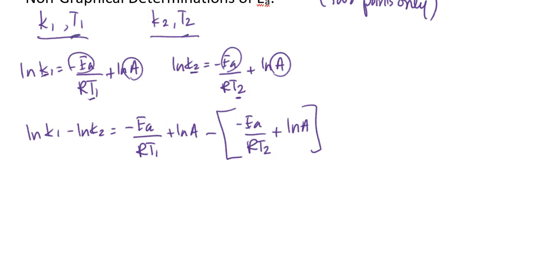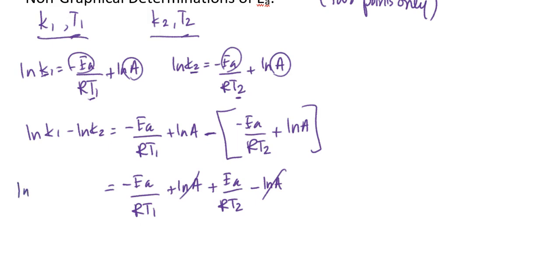And so if I distribute this negative sign, that's going to give me negative Ea over RT1 plus natural log of A plus Ea over RT2 minus natural log of A. So the natural log of the frequency factor will actually cancel out.